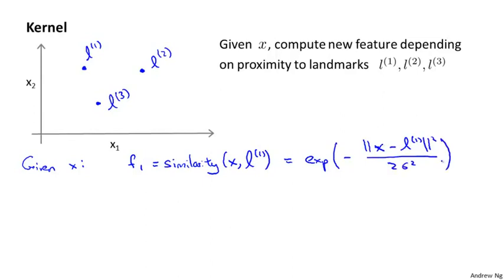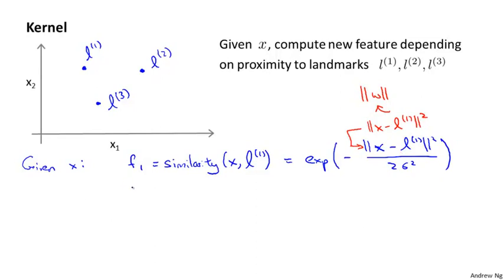Depending on whether or not you watched the previous optional video, this notation is the length of the vector w, and so this x minus L1 is actually just the Euclidean distance, squared, between the point x and the landmark L1. I'll say more about this later.